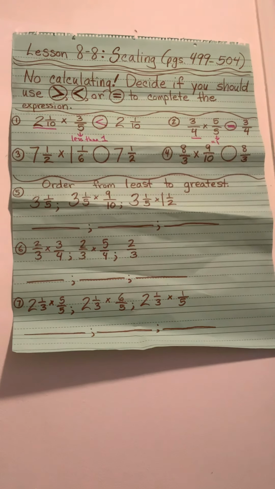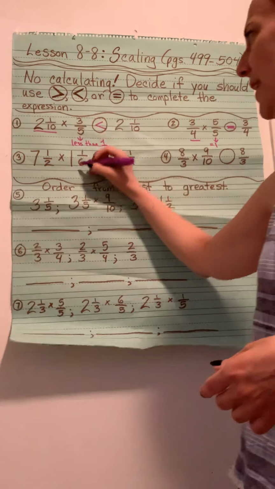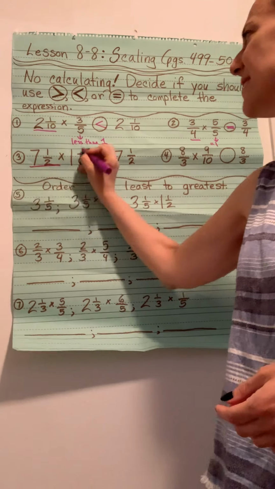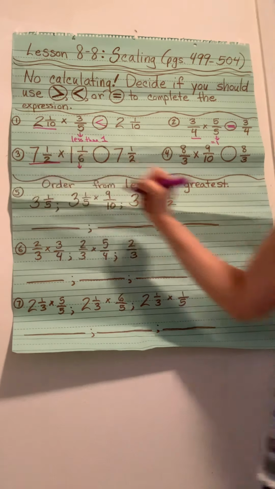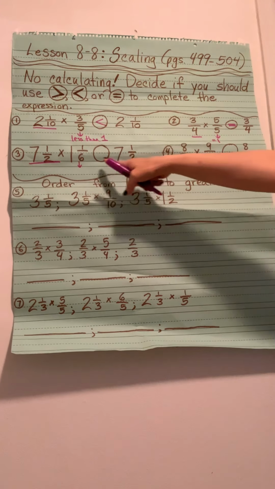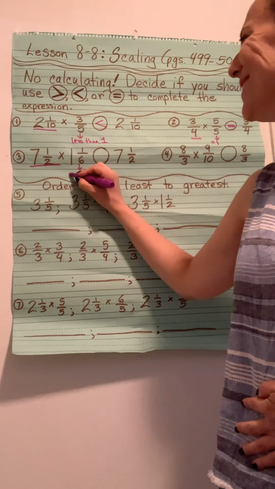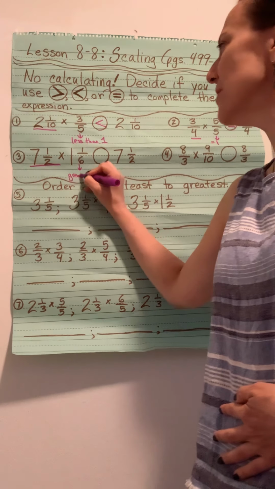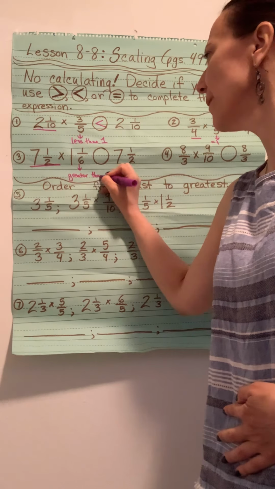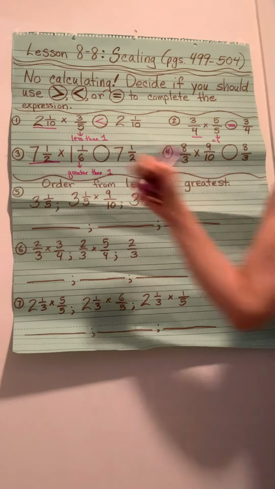Here's my third problem. Okay, now you're starting to see we've tried out all the different kinds now. This time I'm taking my 7.5 and I'm multiplying by 1 1/6. So that is greater than 1. So what does this really mean?